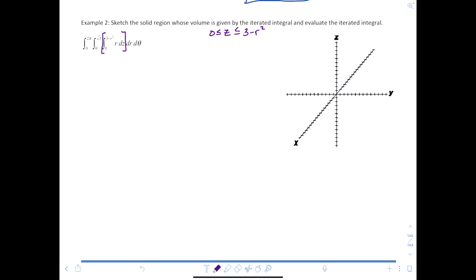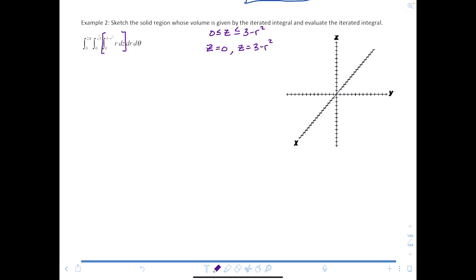Cool so far? All right. And so looking at those equations, if you just looked at equating z to the limits, you'd have z is 0, so when z is 0, you're looking at the xy plane. And we have z is 3 minus r squared.